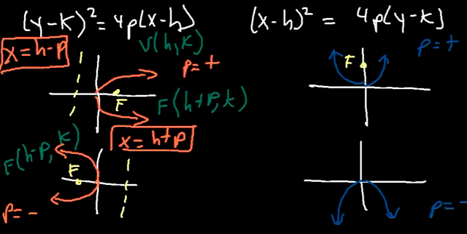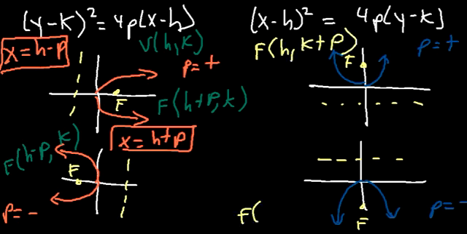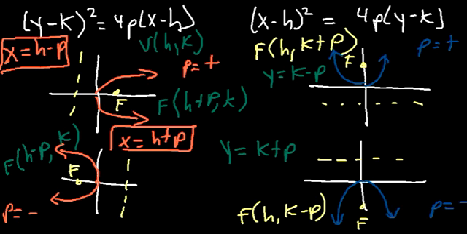So the focus is somewhere over here, and the directrix is horizontal this time. So the focus is going to be h comma k plus p, and for this example it's h comma k minus p. The directrix is horizontal, so it's y is equal to k plus p, and here it's y is equal to k minus p.